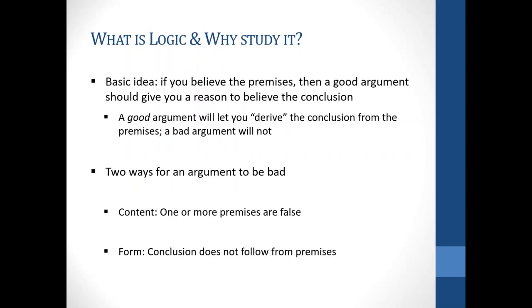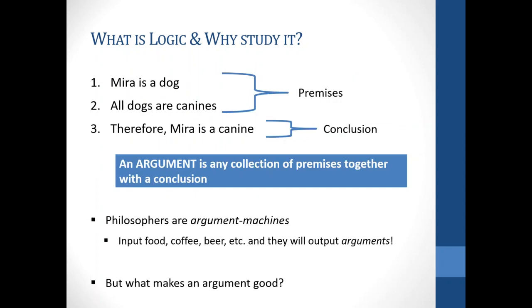Super intuitive, super rough and ready, but we see the basic idea, yeah? So a good argument's going to be one where, to go back, if 1 and 2 are true, well, they give me a reason to buy the conclusion. Okay. So that's a rough and ready characterization for a good argument.